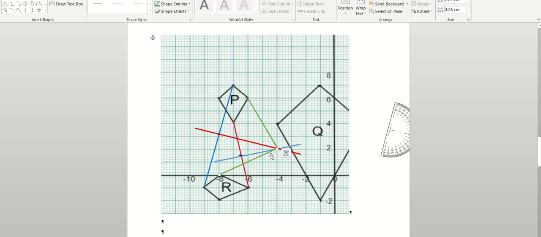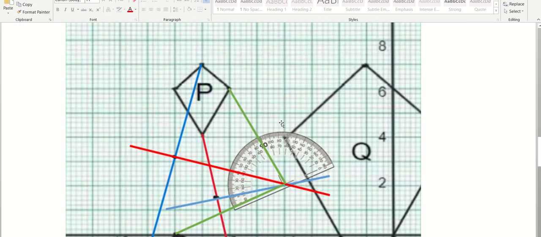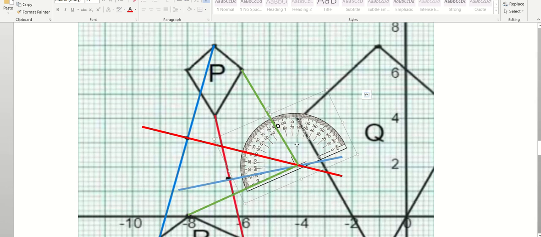And we connected them to our center of rotation, which was -4, 2, and then we're going to take a protractor and put it where these two intersect. Let's see if I can zoom up so you guys can see properly. All right, I'm going to put this so it can fit right there.